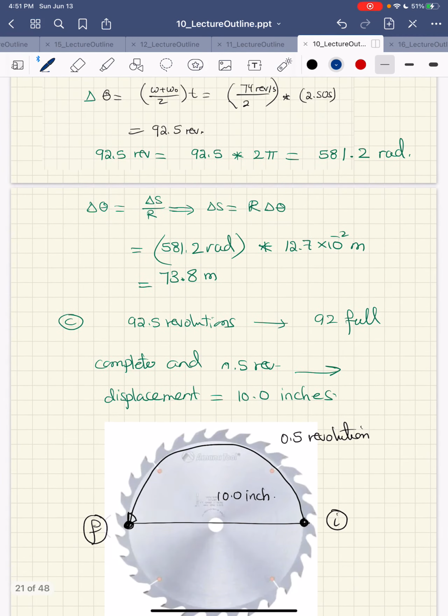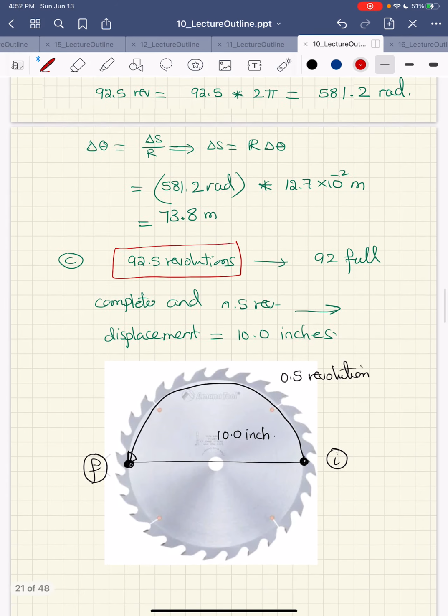Now, the last part is asking about the displacement, and we should calculate it in revolutions. In revolutions, 92.5 revolutions, which means 92 complete and then 0.5.